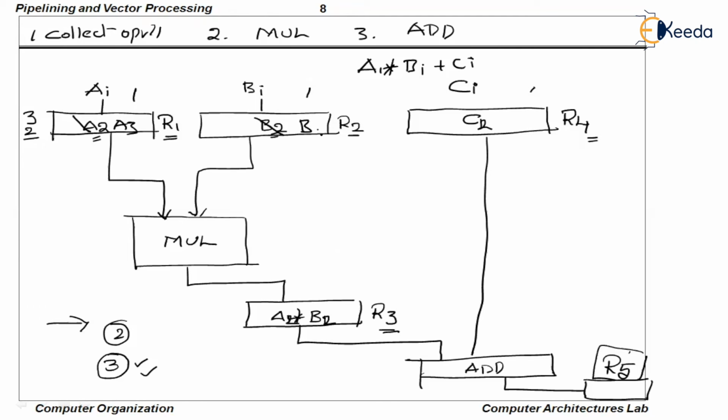Now you can understand. Right from the third clock cycle onwards, for every next clock cycle, there will be a continuous output. Okay. So the total number of clock cycles required is just 9.